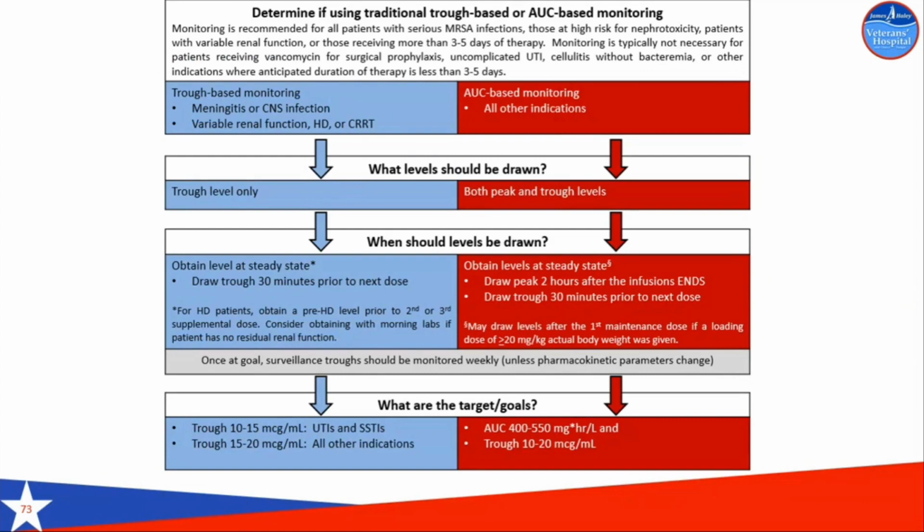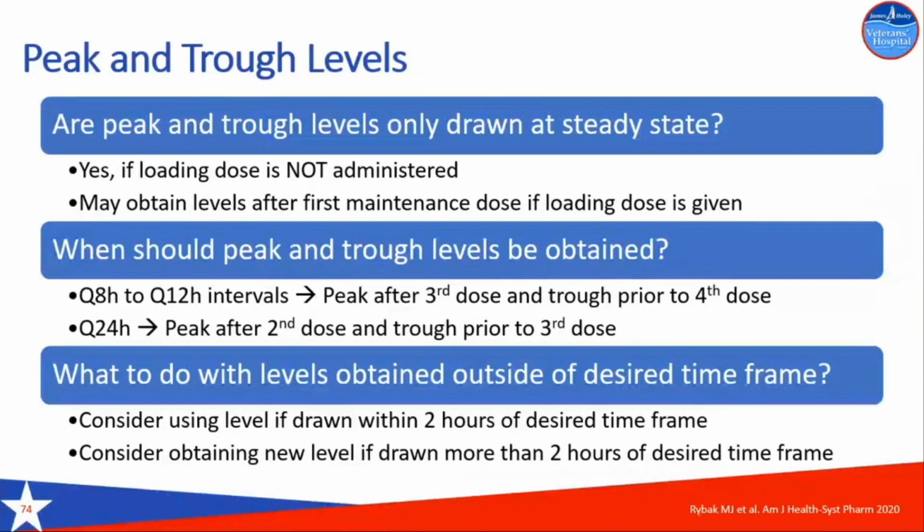So again, I have an algorithm on here to kind of guide you through what kind of monitoring you need based on the type of infection. What kind of levels do you need to figure out that AUC or trough? And then what are the targets? So I'm not going to spend too much time on here, but it is in your booklet if you need to refer back to it.